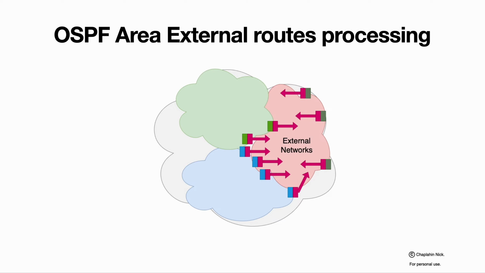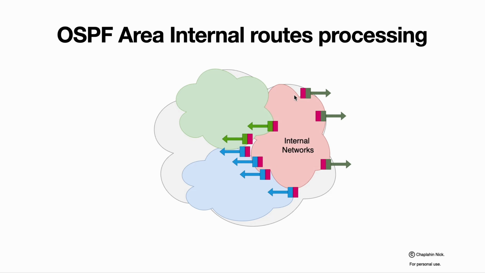Similar to the autonomous system, boundary routers for the area collect external information and send it to the devices within the area to inform them that external networks can be accessed. And they send information about internal networks to the neighboring area so it can process it.